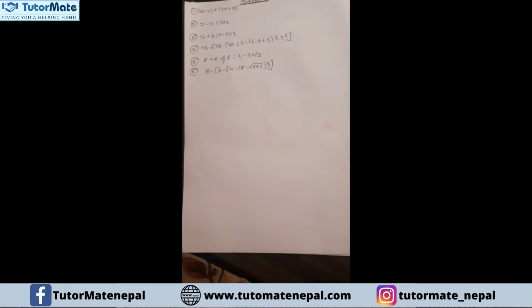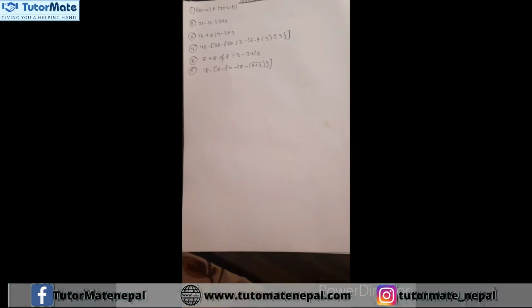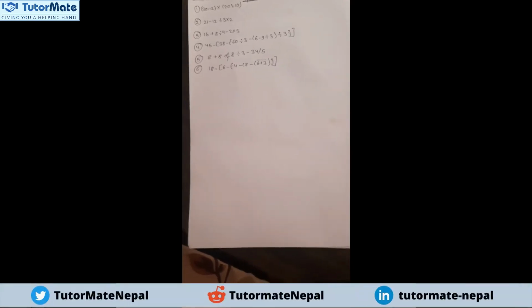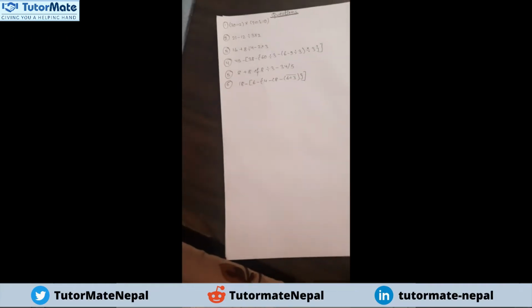So let's get started with the questions. Question number 1: bracket 30 minus 12 bracket close into bracket 20 divided by 10 bracket close. So let's solve it.